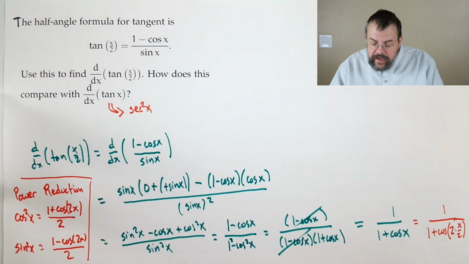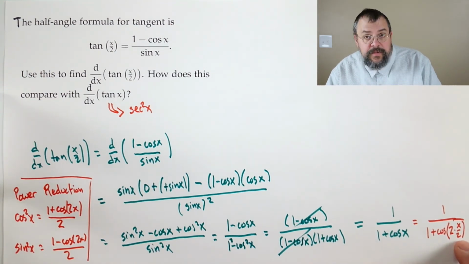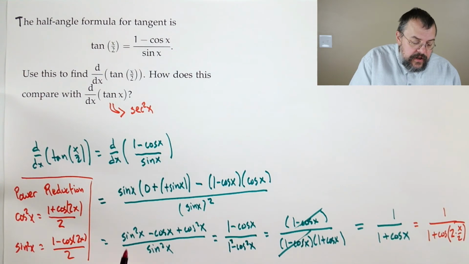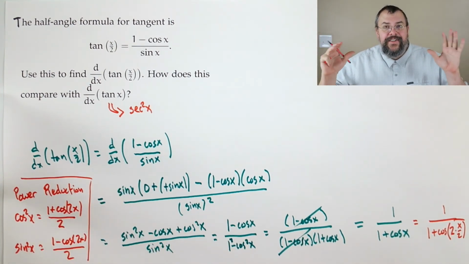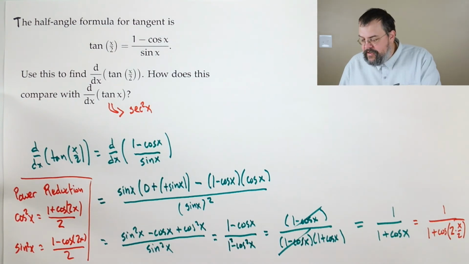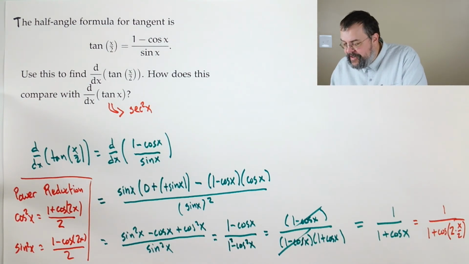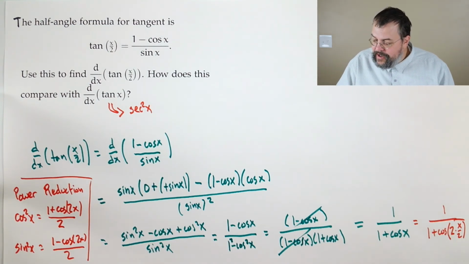Do you see how I have 1 plus cosine of 2 something? Ignore the fact that it's an x. That's going to distract us. I can already tell that I'm going to get confused if I don't rewrite that.